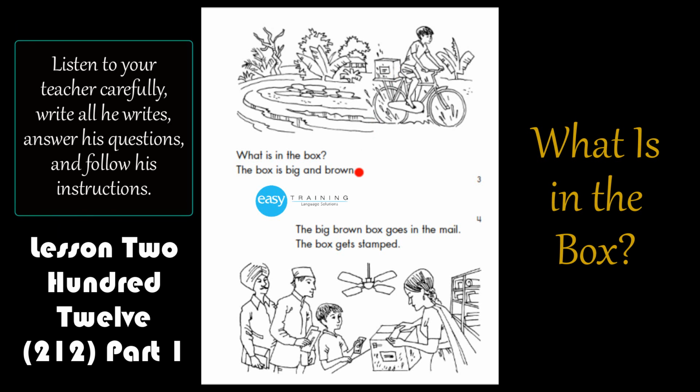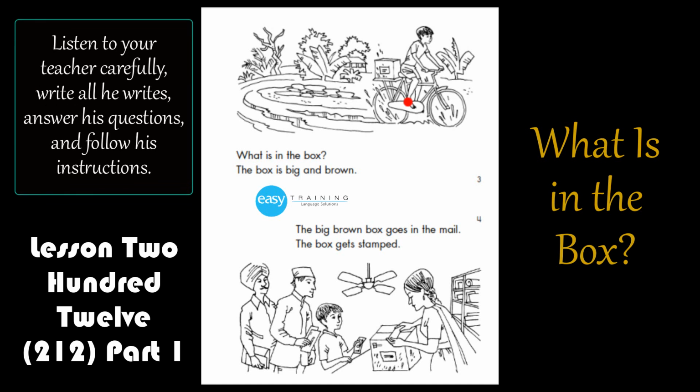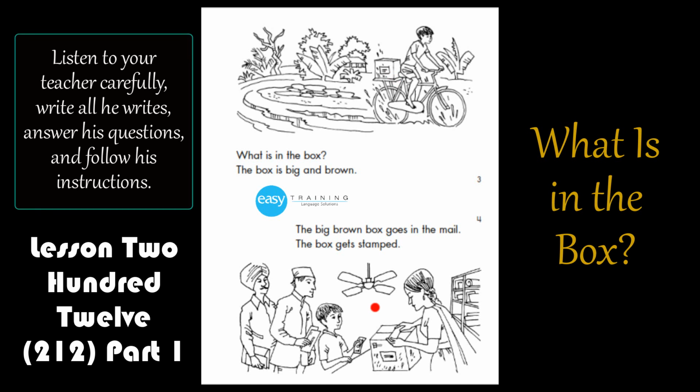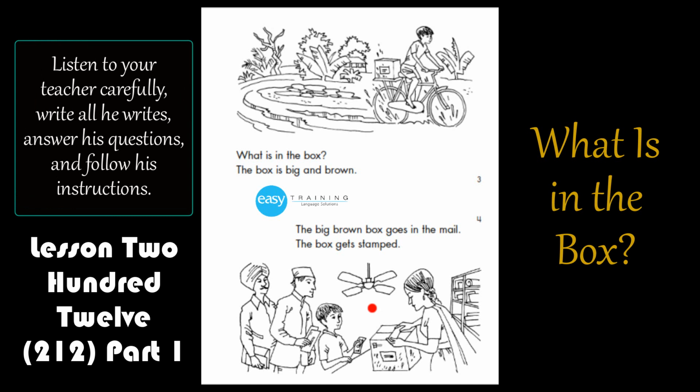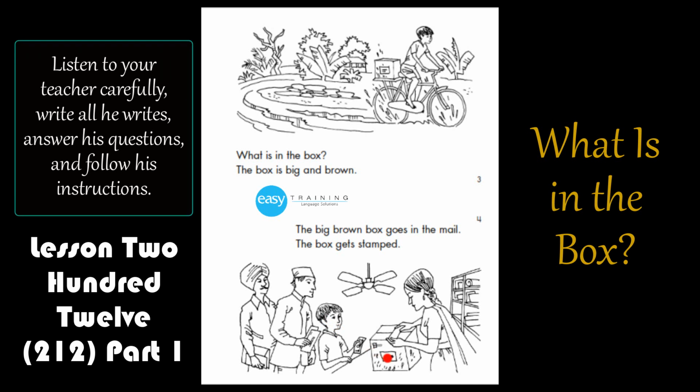And we can see that this boy is biking to somewhere. Somewhere he is taking this box to. And from the second picture, we can see that the boy, here is the boy, was going to the post office. Now he is posting the box.